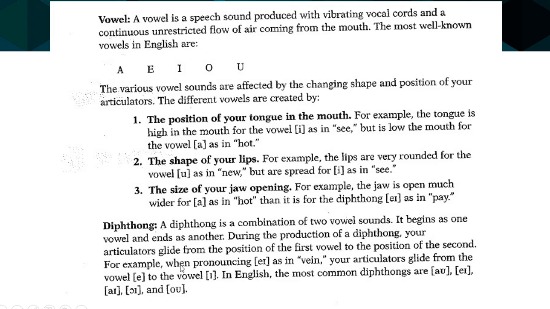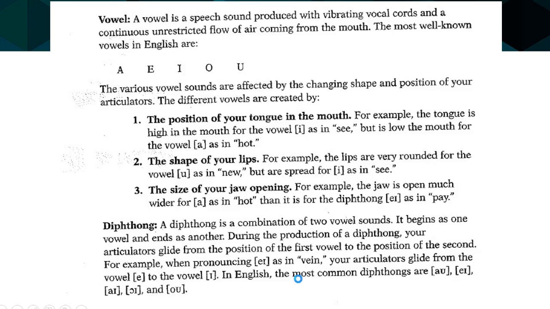For example, when pronouncing A, as in vain, your articulators glide from the vowel A to the vowel E. In English, the most common diphthongs are ow, A, I, oi, and O. But in this semester, we're going to study the diphthongs ow, oi, and I. Those three diphthongs.